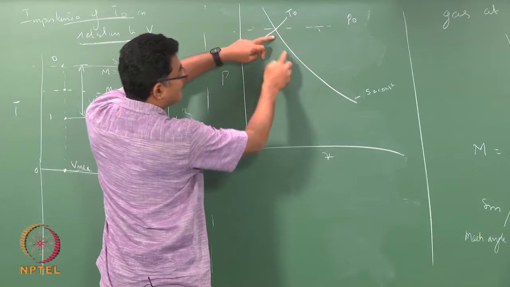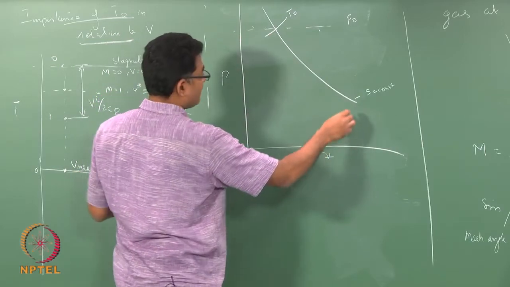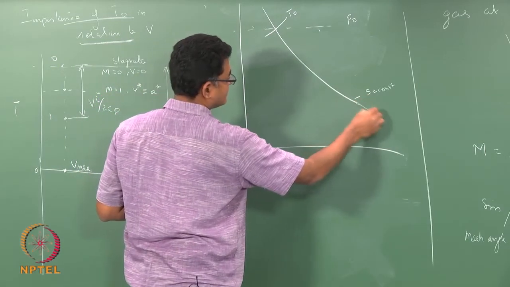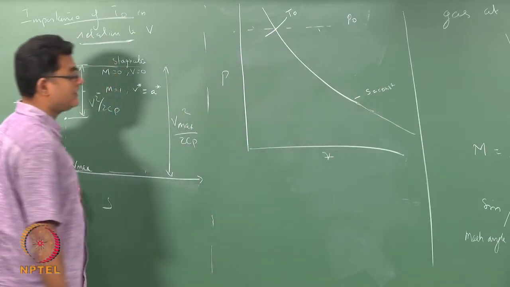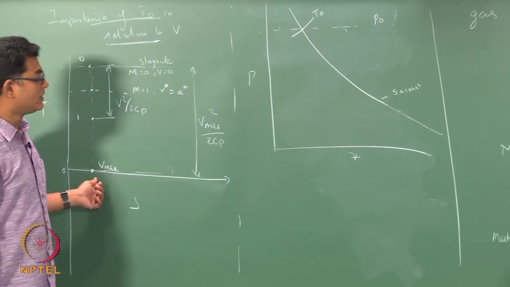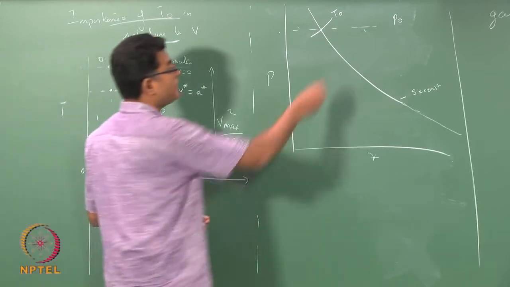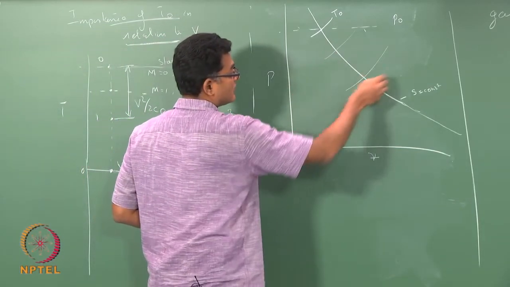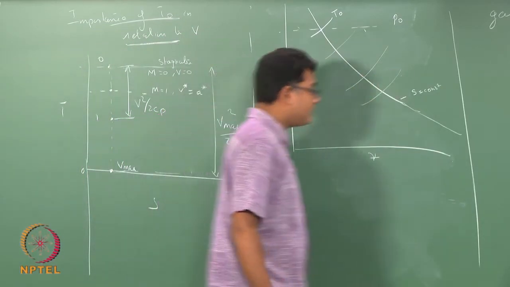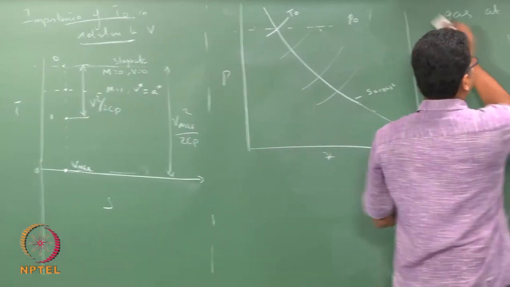Now, T0 keeps coming down. At Vmax, I have my T equals 0, but what about P? P also keeps decreasing, but what will be the P at Vmax?